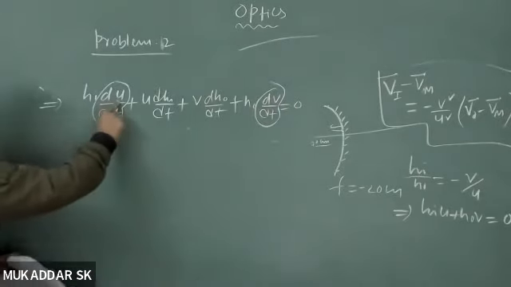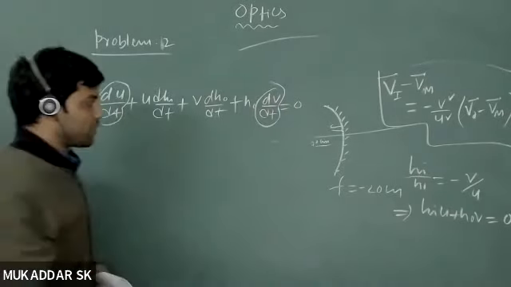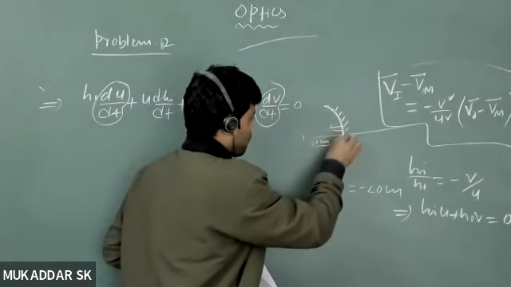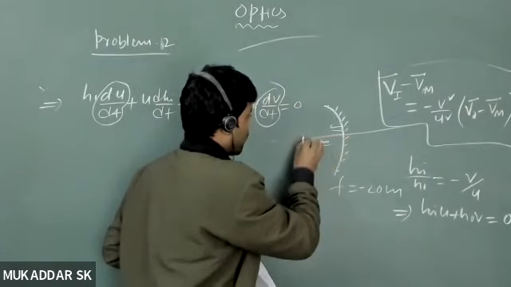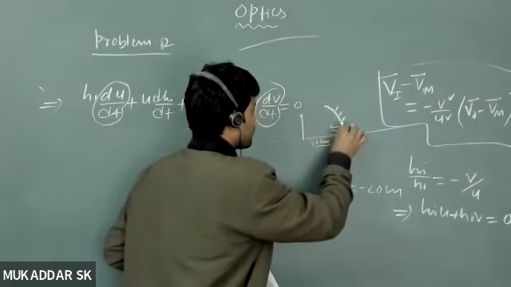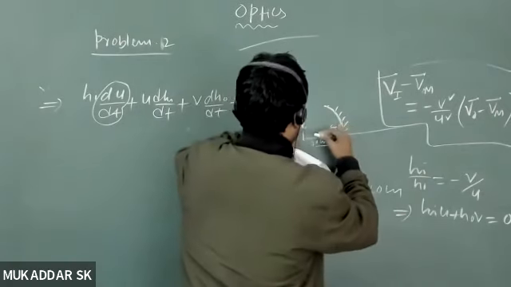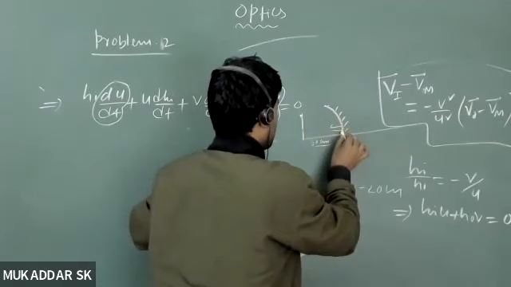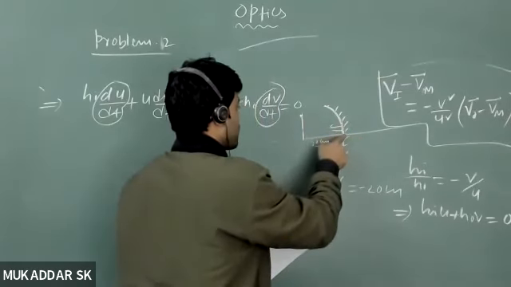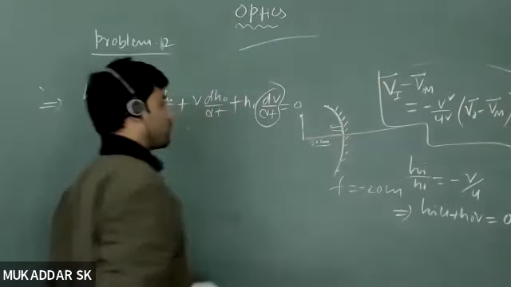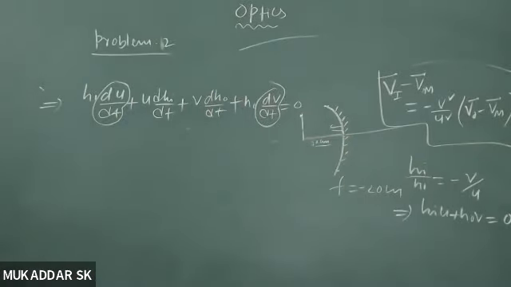U is this distance, the distance of object from pole. When this particle is moving upward, there is no change in u, because the distance of object from pole will always be the same. U cannot be changed.